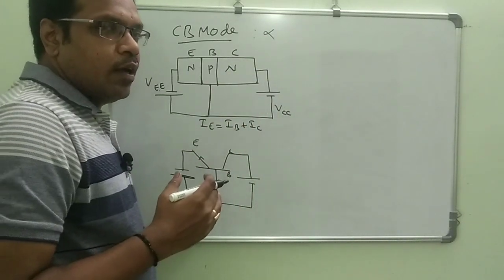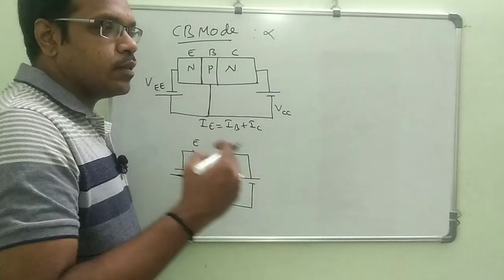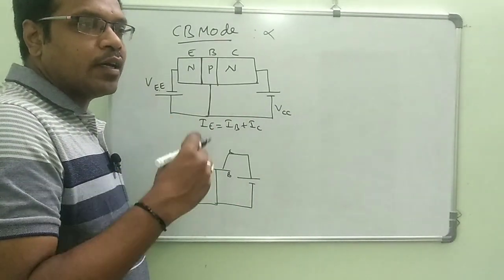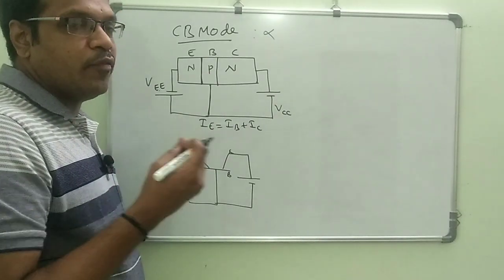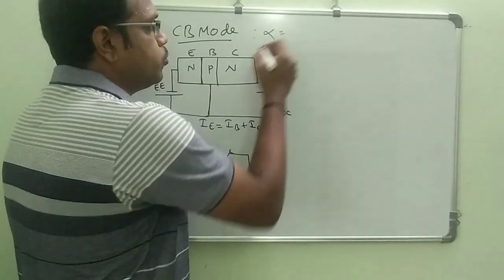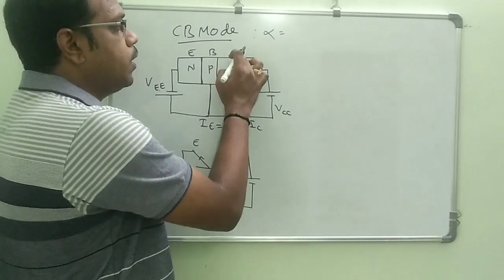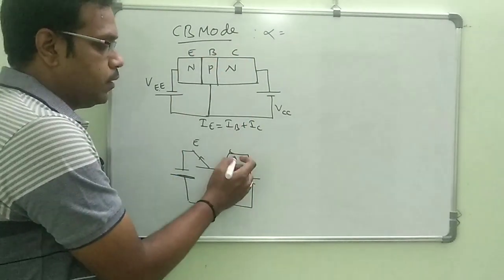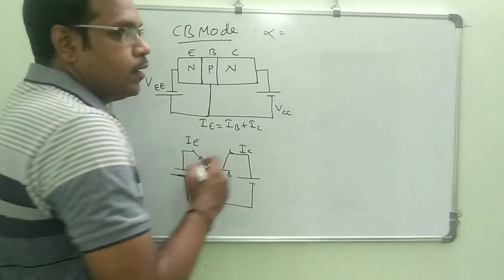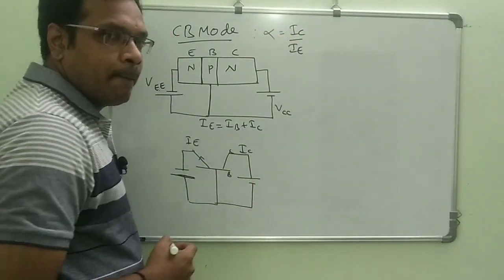We need to strengthen the signal. So my low signal has to increase in strength, that is called amplification. For that we need some gain. So alpha, the current gain in this CB mode, is IC by IE. This is IC current, this is IE current, so IC by IE.